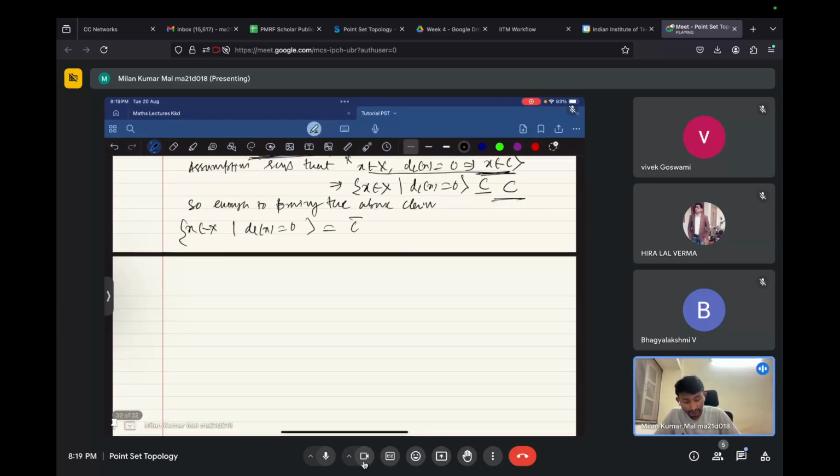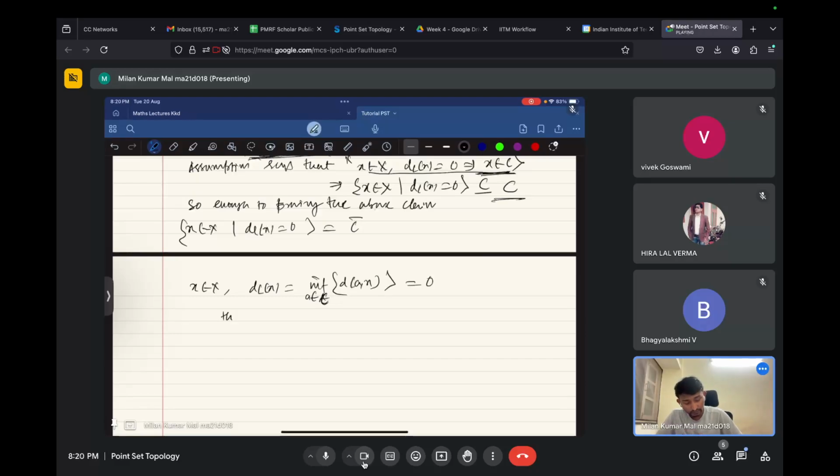Okay. So let x belong to capital X, and d_C(x) equals the infimum over all a belonging to C of d(a, x), the same logic as before. That equals 0.